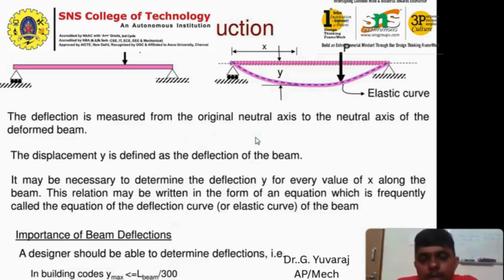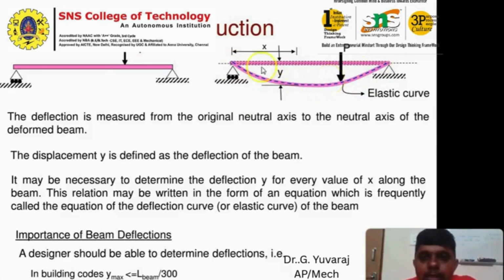So generally, what do we mean by deflection? In these two diagrams we have a simply supported beam and a fixed beam, and an eccentric load acts over the beam. Because of the load, the beam gets deflected to some distance.